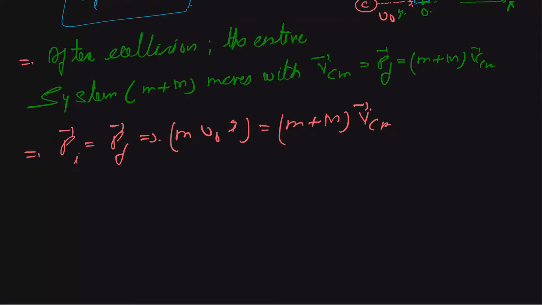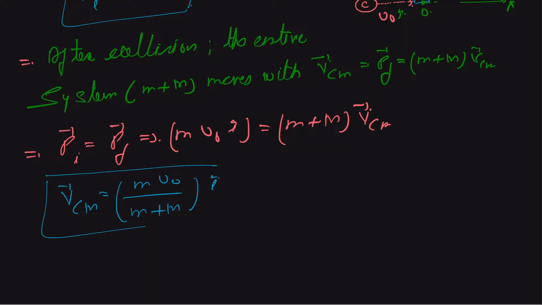So from here the velocity of the center of mass will be equal to m v naught upon m plus capital M, in the i unit vector direction. So this is the velocity of the center of mass, and basically this is nothing but the translational velocity of center of mass.